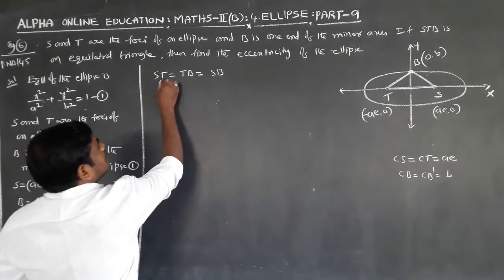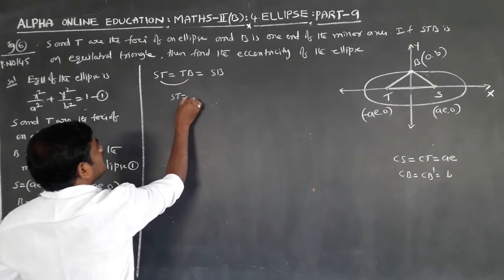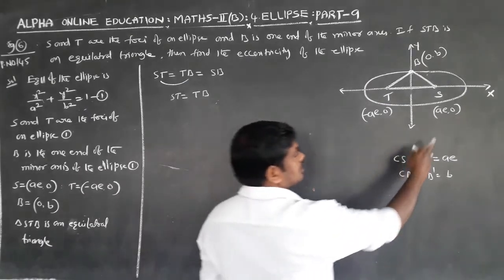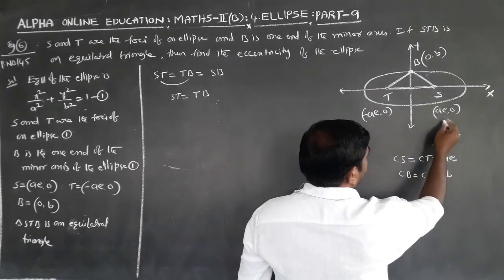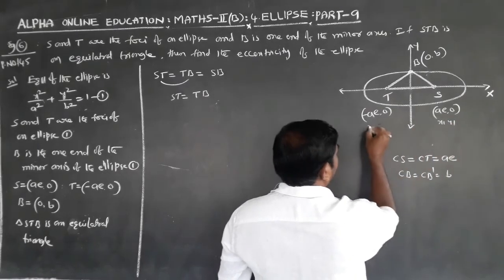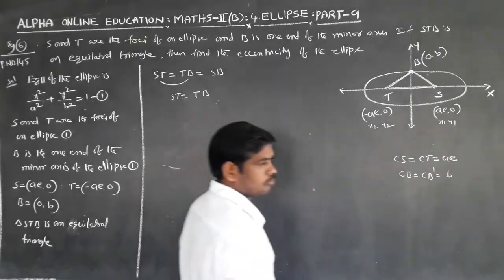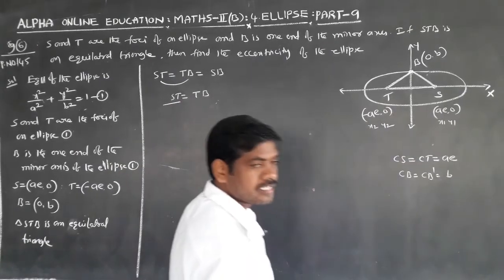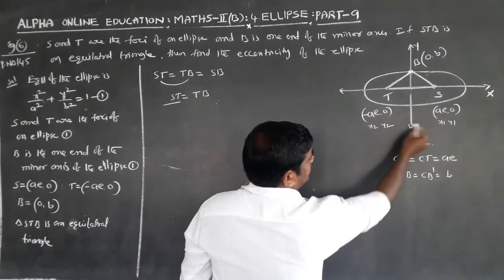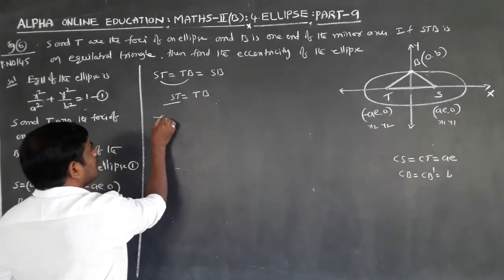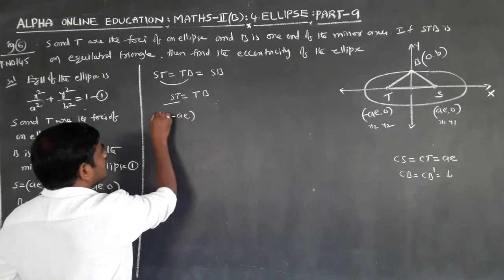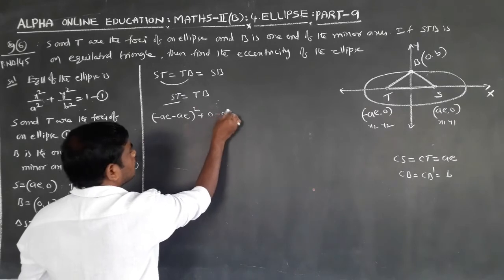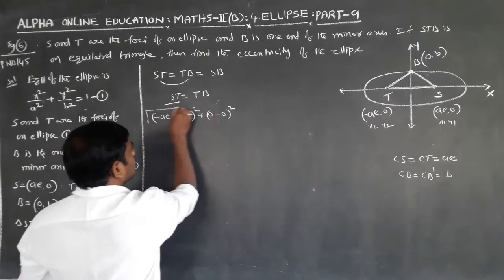Here, equating any two, ST is equal to TB. ST means the distance between the two points. Let S be the point (x1, y1), T the point (x2, y2). ST is the distance between the two points S and T: square root of (x2 minus x1) whole square, minus AE whole square, plus (y2 minus y1) whole square, 0 minus 0 whole square.